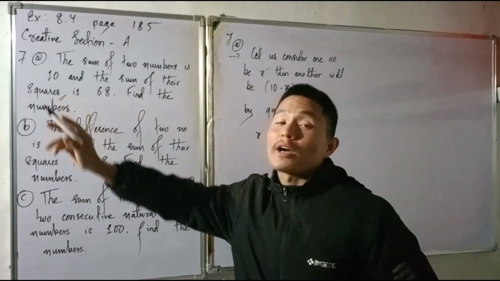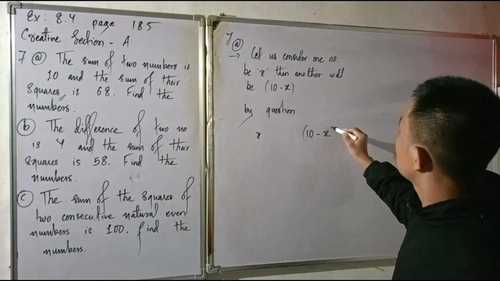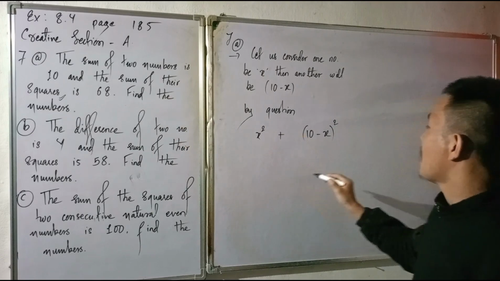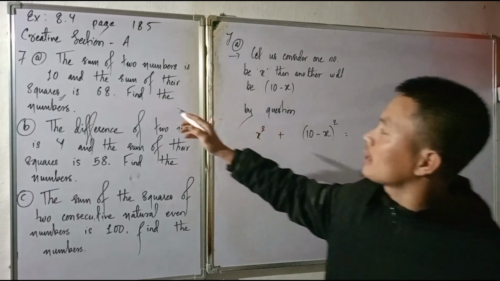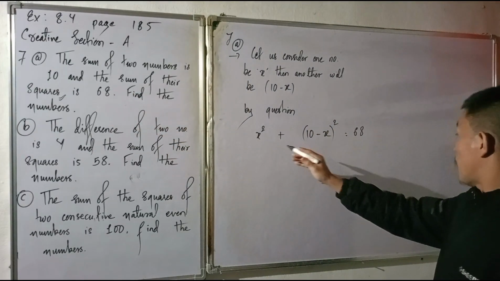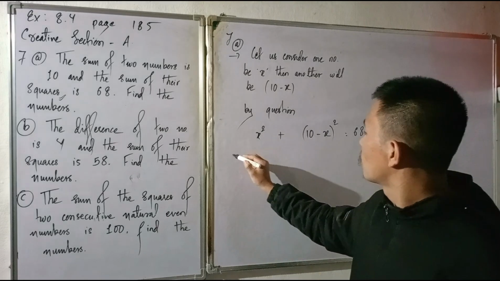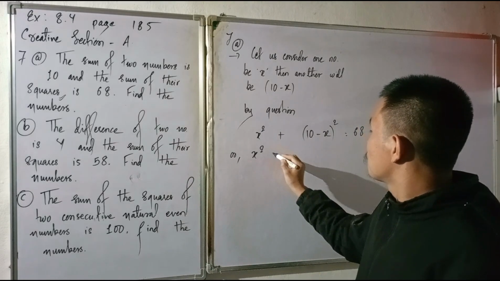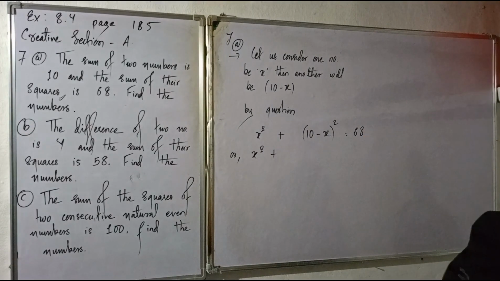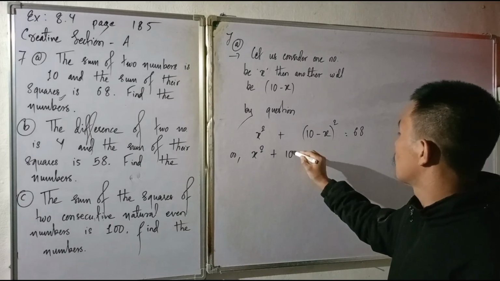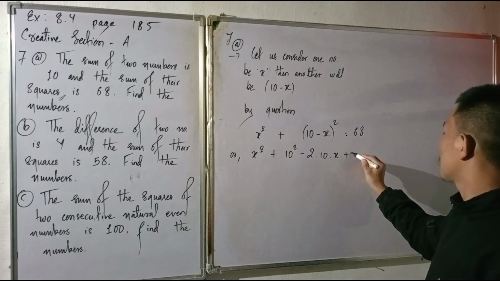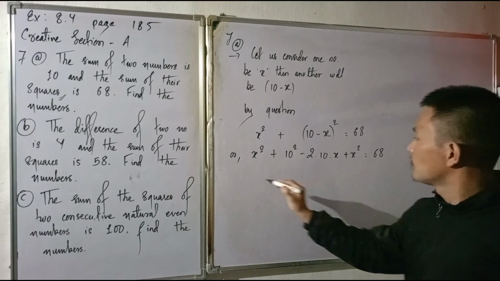You square them and then add, and the result will be 68. Now you can simplify. x squared plus, expanding the formula (a minus b) whole squared, 10 squared minus 2 times 10 times x plus x squared, equals 68.